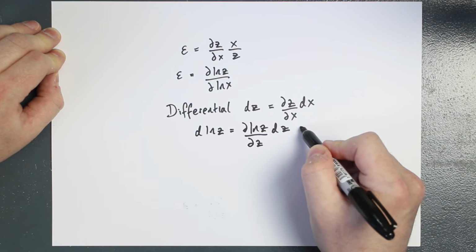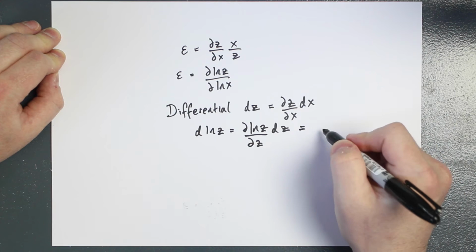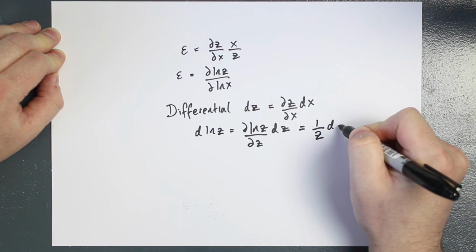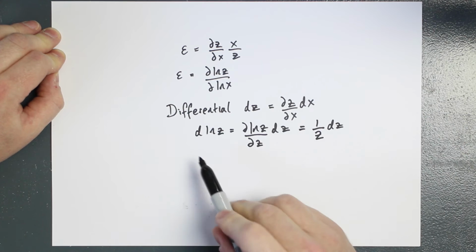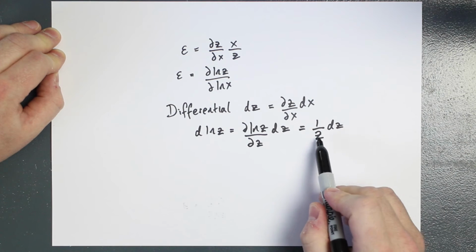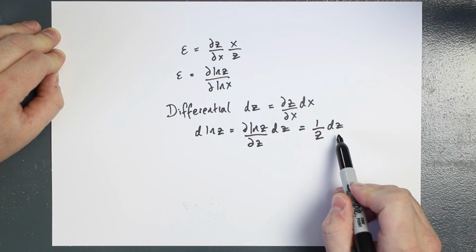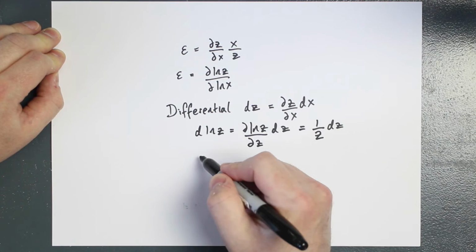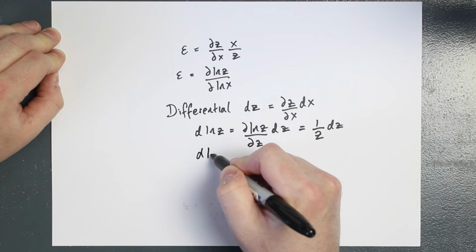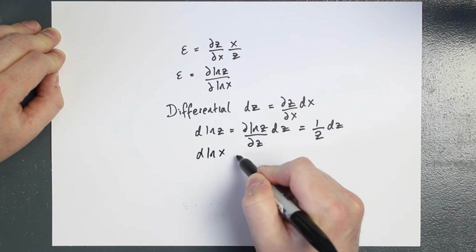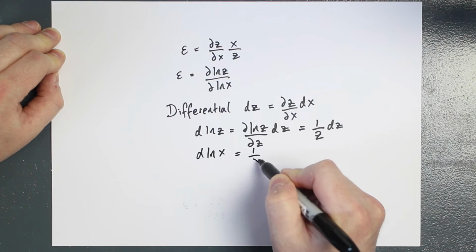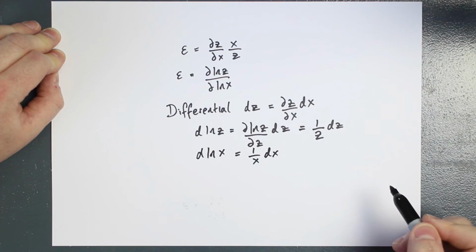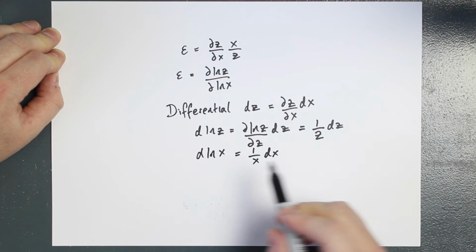Then we know how to differentiate logs, so this would be 1 over z dz. Okay? So the differential of log z is equal to 1 over z times dz. Okay? If we do the same for x, d log x, that would be 1 divided by x dx. Okay, now here's the cheating part.